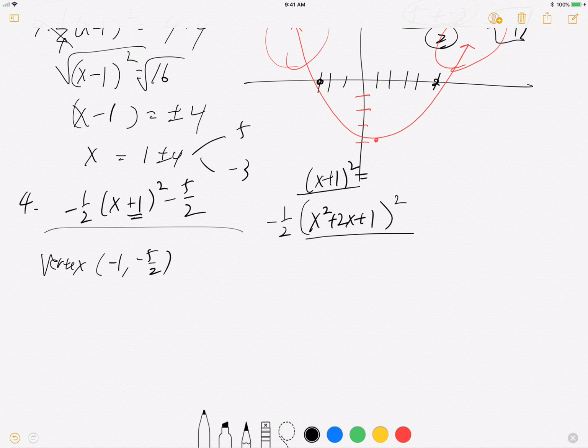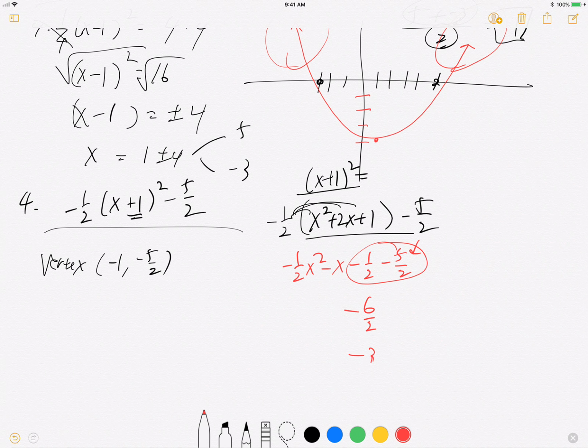Attach all the other terms, minus 5 over 2. Now you distribute the 1/2 to each of these terms, and you get negative 1/2 x squared, minus x, minus 1/2, minus 5 over 2. Put together, minus 6 over 2 becomes minus 3 at the end. So these two just come down, negative 1/2 x squared minus x.